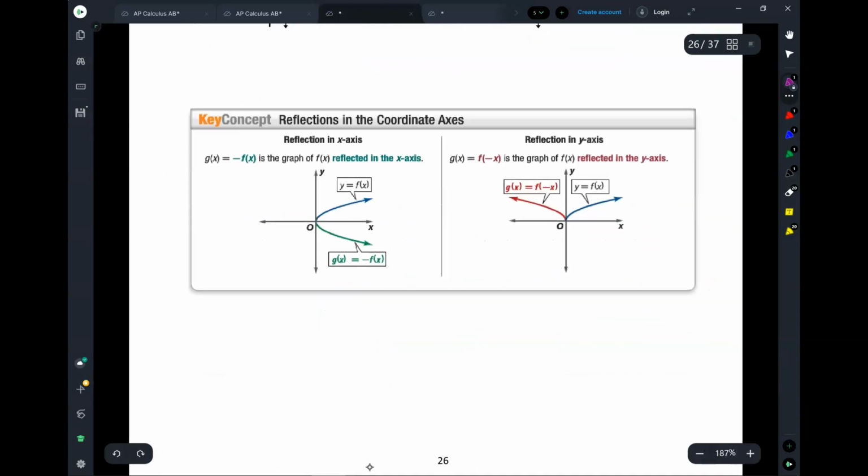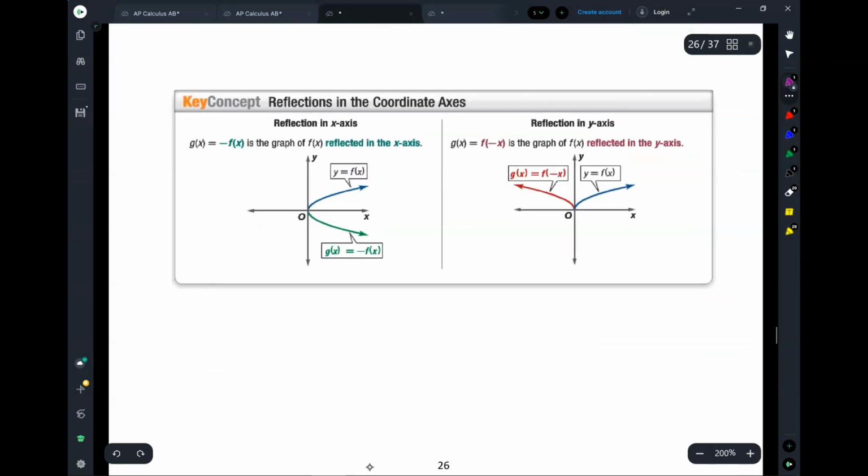Now, a reflection. Next we're going to talk about reflections. You can have a reflection in the x-axis, in layman's terms, flipped over vertically, but we're not going to use that because that is not professional language. We're going to use what we call language of the discipline.